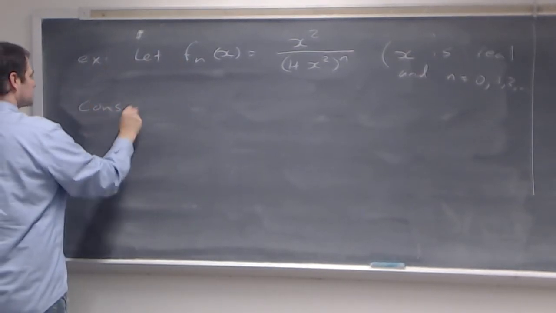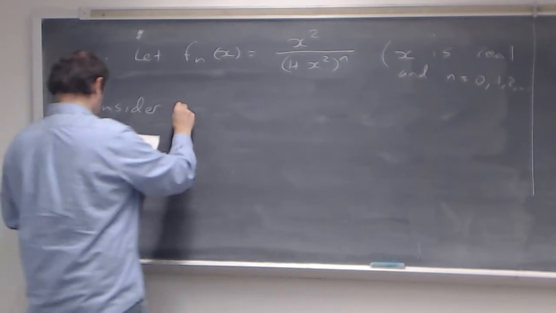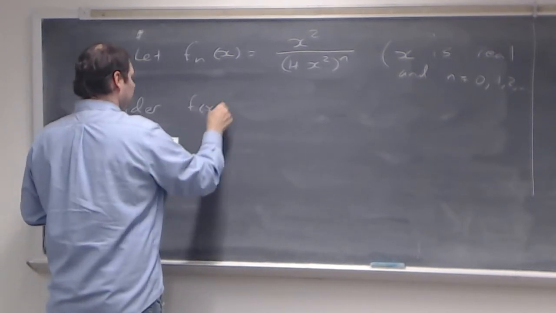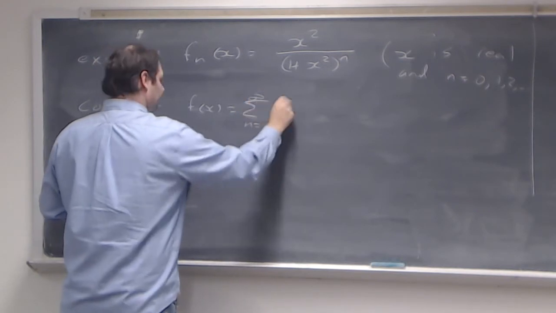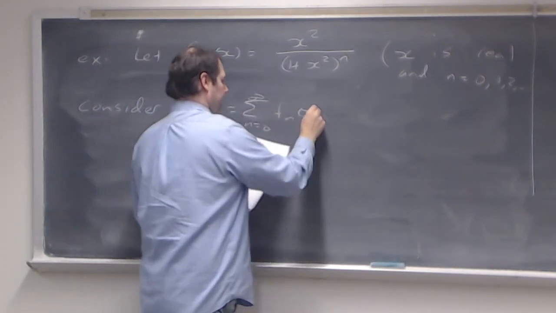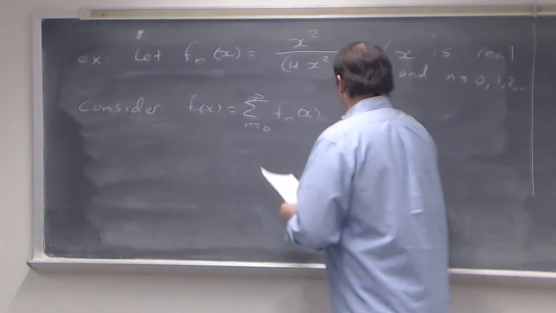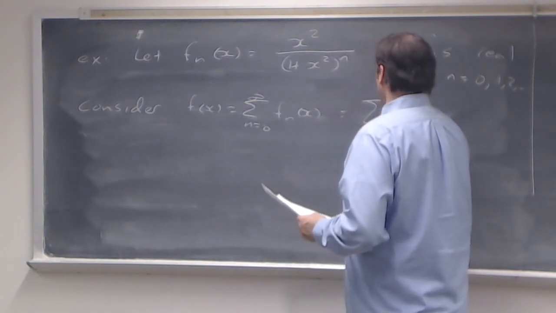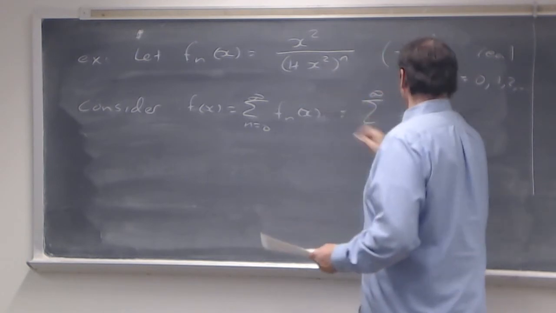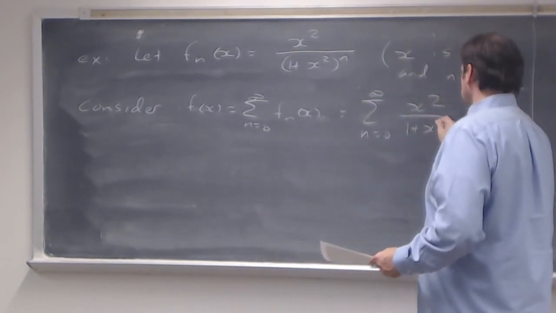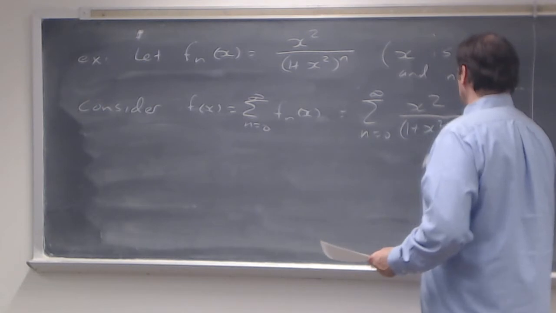Consider f of x equal to the sum, as n runs from 0 to infinity, of f sub n of x, which equals, of course, the sum, as n runs from 0 to infinity, of x squared over 1 plus x squared raised to the n.